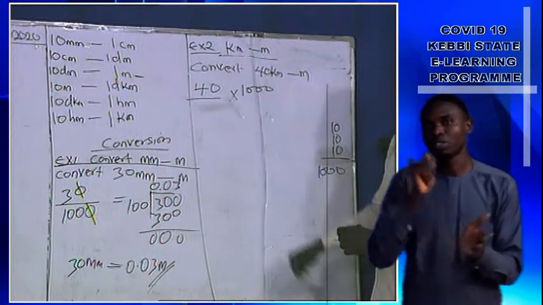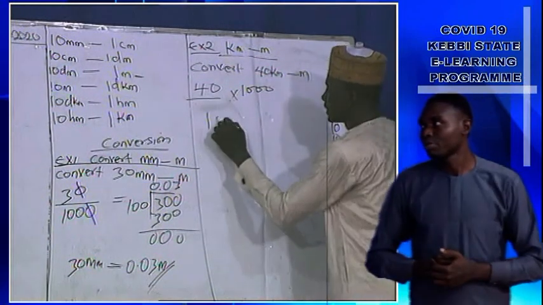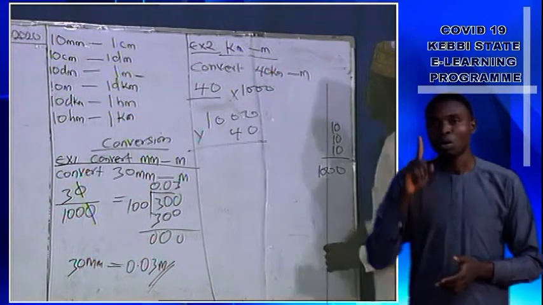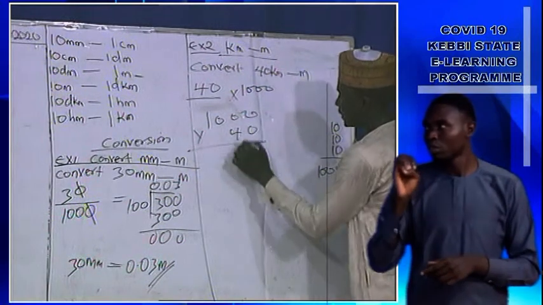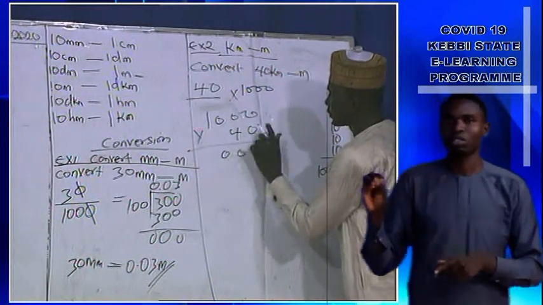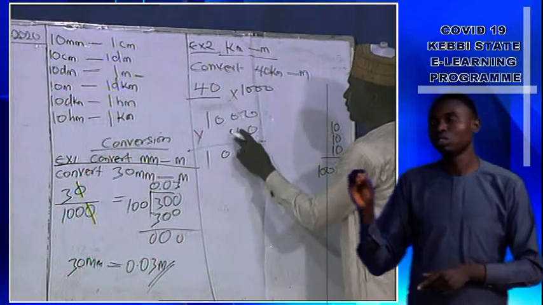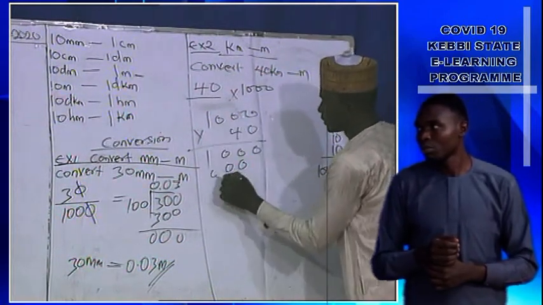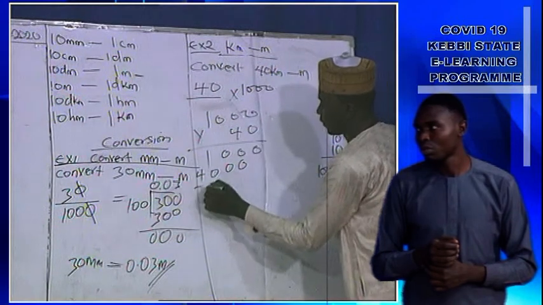Whereas we are going to multiply 40 by 1,000. How can we multiply 40 by 1,000? We can say 1,000 times 40. 0 times 0, 0, 0 times 0, 0, 0 times 0, 0, 0 times 1, 0, sorry. 4 times 0, 0, 4 times 0, 0, 4 times 0, 0, 4 times 1, 4.